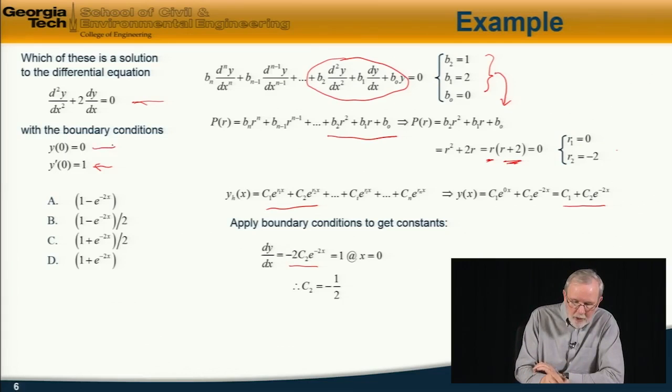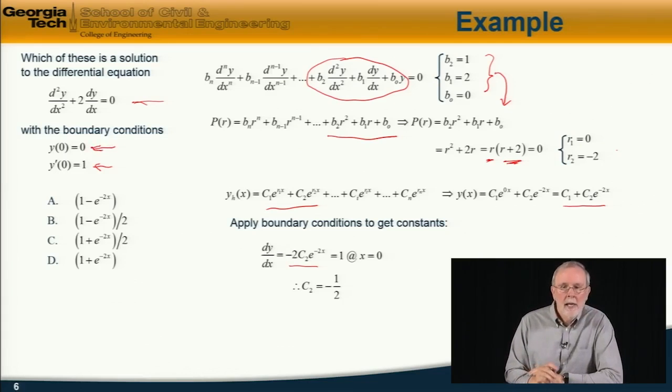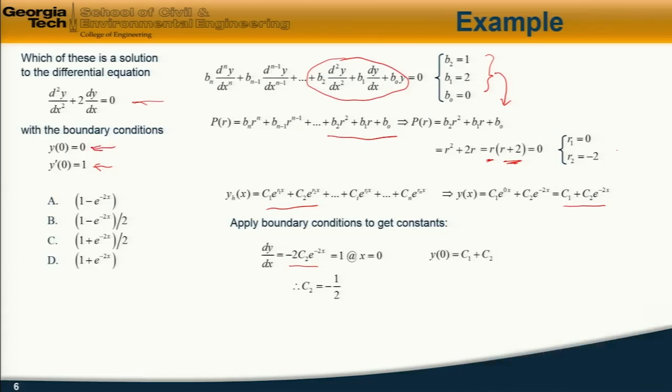Next, I apply the other boundary condition, that y evaluated at 0 is equal to 0. Substituting x equals 0 into this equation, I get y of 0 is equal to c1 plus c2, and y of 0 is equal to 0, from which it follows that c1 is equal to minus c2.